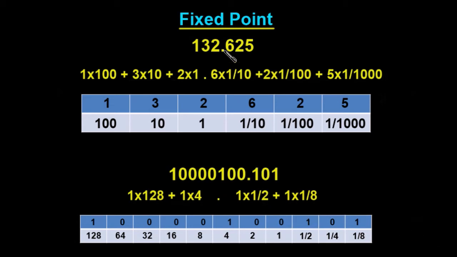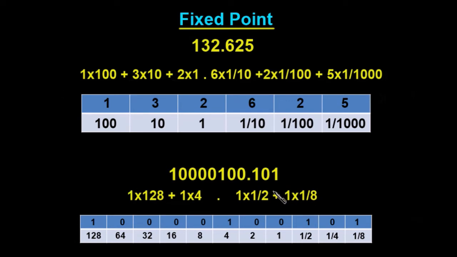So the number .625 can be represented by 1 upon 2, so that's 0.5, plus the value 1 upon 8, which is 0.125. So the fractional part is going to be 1 times a half plus 1 times 1 upon 8. And the value of 1 upon 4 doesn't exist here, we don't need it, so we're simply going to have this value here, 101, to represent the fractional part.